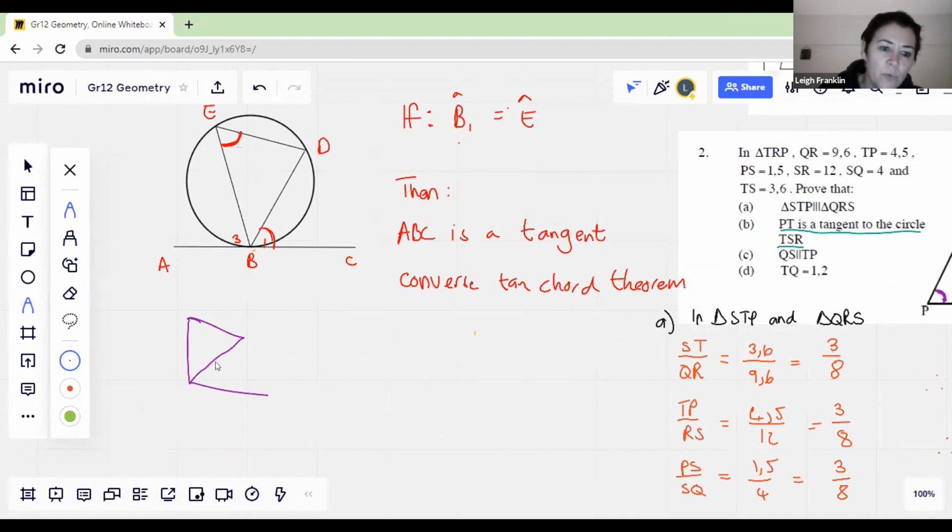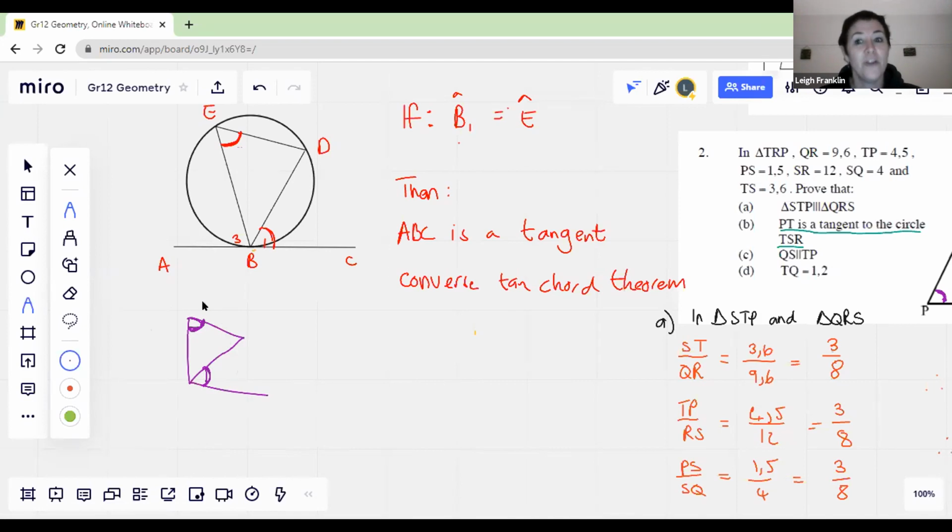So it's a line with a triangle attached to it. And if you can prove that this angle over here equals that angle over there, then you've proved that this line is a tangent to the circle going through the 3 points of the triangle.